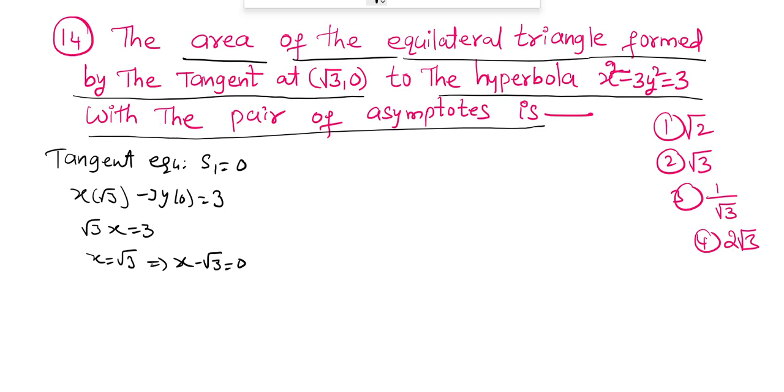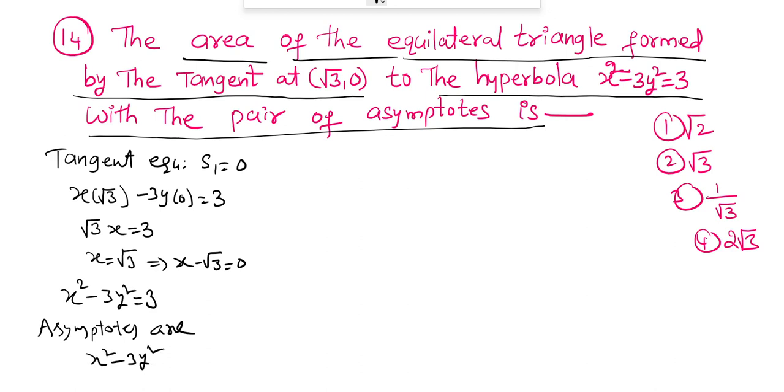And the pair of asymptotes to the hyperbola. The hyperbola equation is x square minus 3y square is equal to 3. So the asymptotes are x square minus 3y square is equal to 0. This is written as (x plus root 3y)(x minus root 3y) is equal to 0.